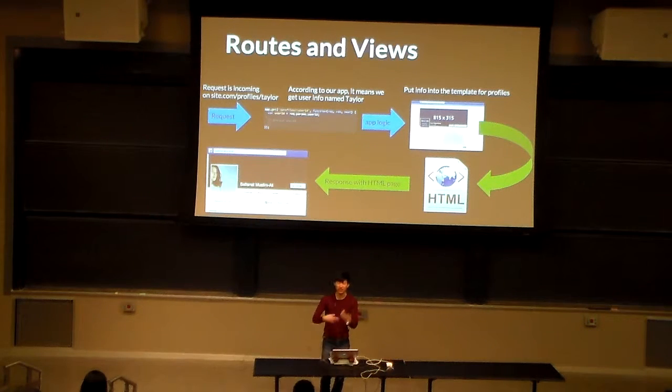And there's some logic, getting the information from the database and understanding what you need to show, if you can show it. Eventually, you decide to take the template for a profile, populate it with the data of the profile, make it an HTML page, and then send it back to the browser. So this is a very high-level overview of how it all happens.